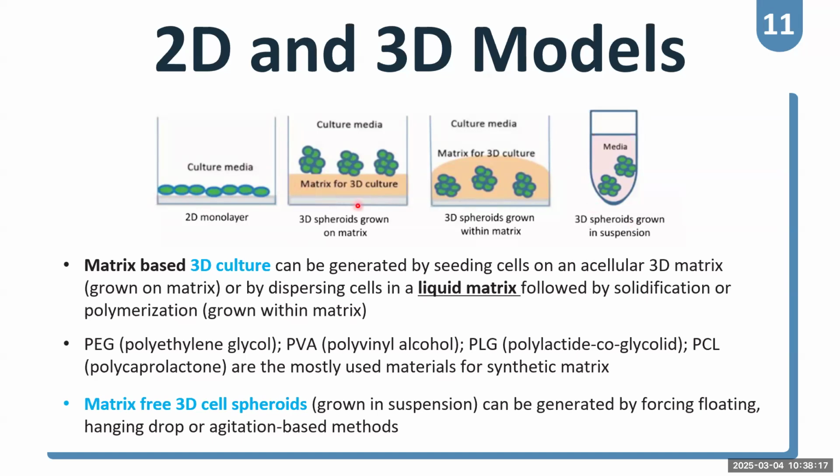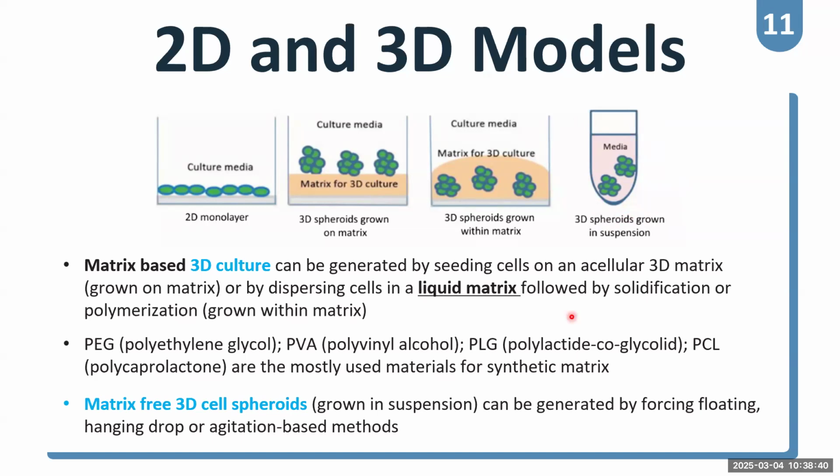For example, put matrix gel and grow the cells in the matrix gel, or use a U-shaped well like this. The U-shape is capable of preventing the cells from attaching to the well. We call it a low attachment well.